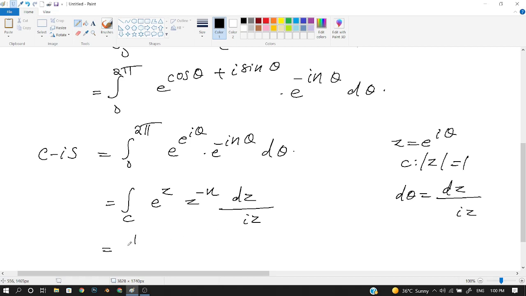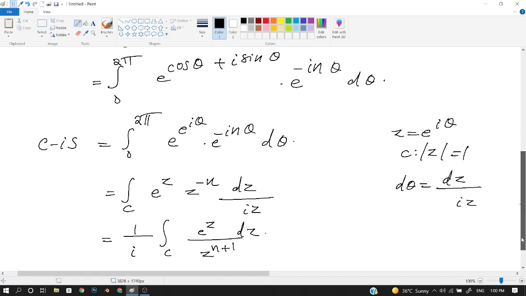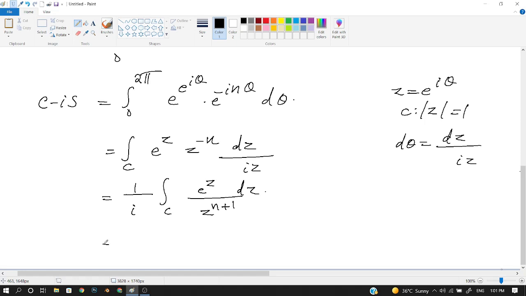So that is equal to 1 by i integral over c e raised to z divided by z raised to n plus 1 dz. So this is equal to 1 by i, 2 pi i into the residue of the function f of z at z is equal to 0.